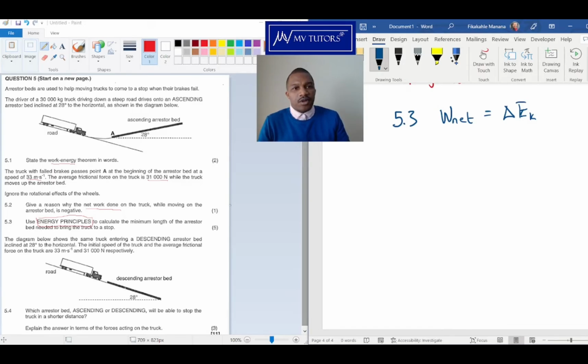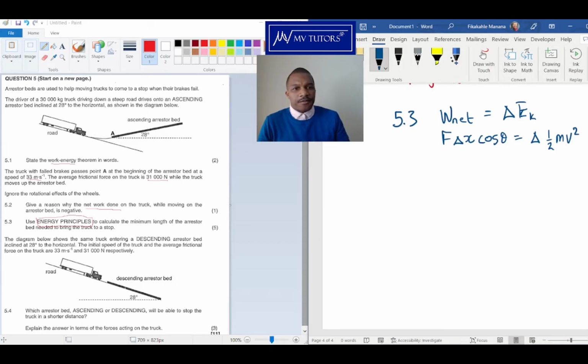The formula for work is just F change in x cos theta. That's in your formula sheet. And the formula for kinetic energy, as you know, is half mv squared. So we're going to suit it for this particular question. Now, what are the forces that we have?